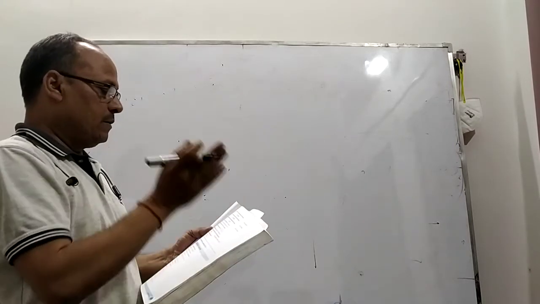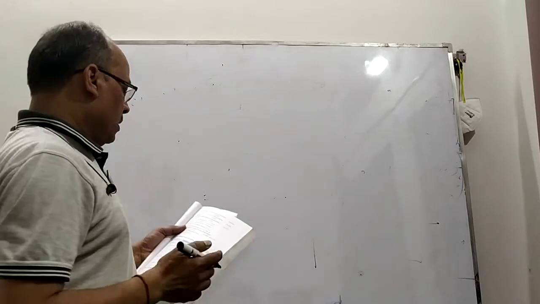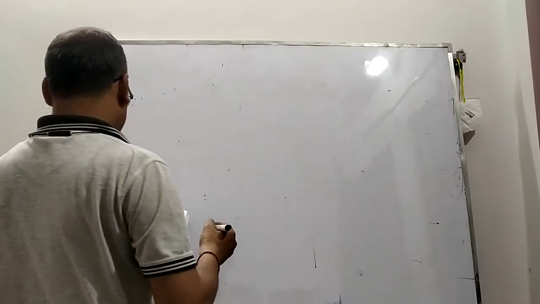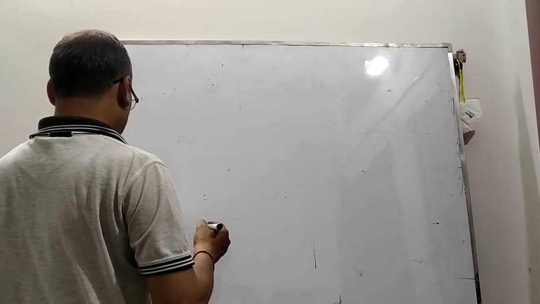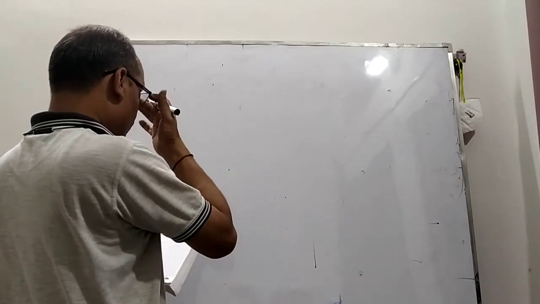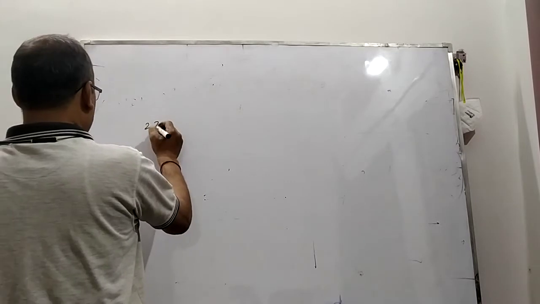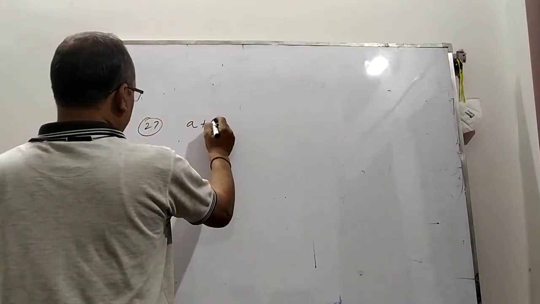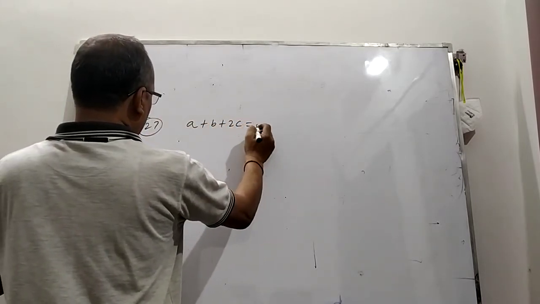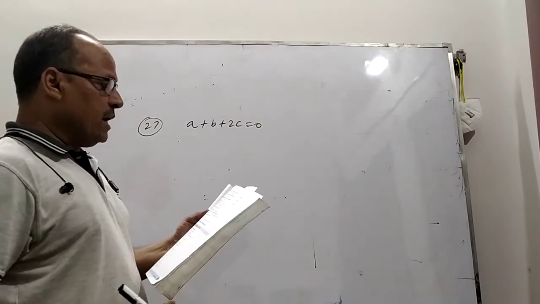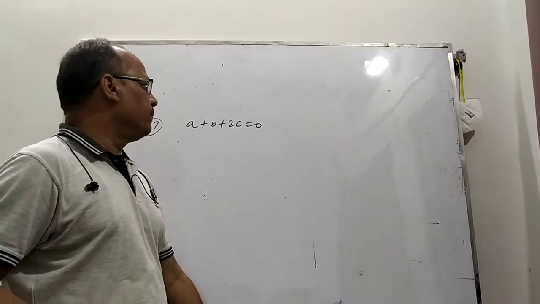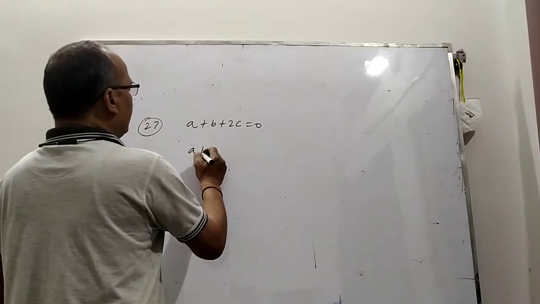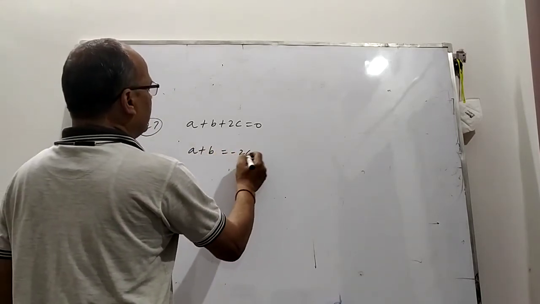Now see question 27. A plus B plus 2C equal to 0. Prove that A cube plus B cube plus 8C cube equal to 6ABC. You can write A plus B equal to minus 2C.